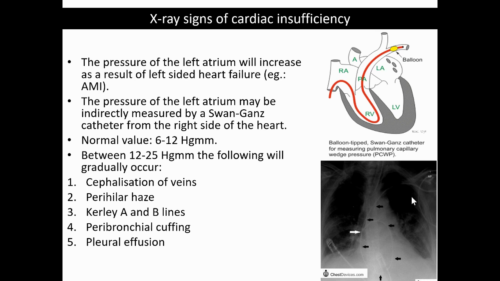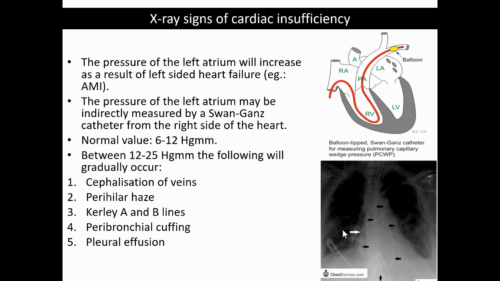And this is what a Swan-Ganz catheter looks like on a chest x-ray. This catheter was placed from the left subclavian vein, and as you can see, it was moved into the right atrium, the right ventricle, and then it goes up into the main pulmonary artery, and then in this case the tip ends up on the right in a smaller capillary, not too far from the hila.